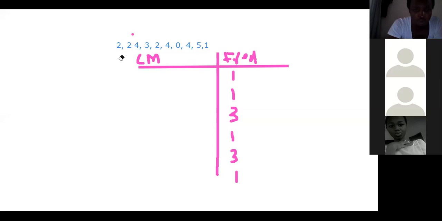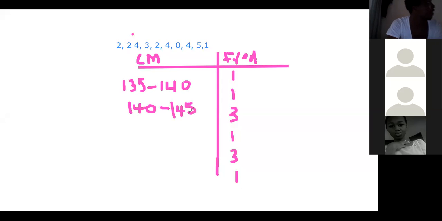Having given you the distance, your first class will be 135 to 140. Then the second one is 140 to 145.